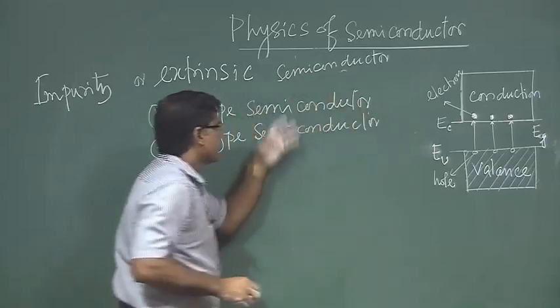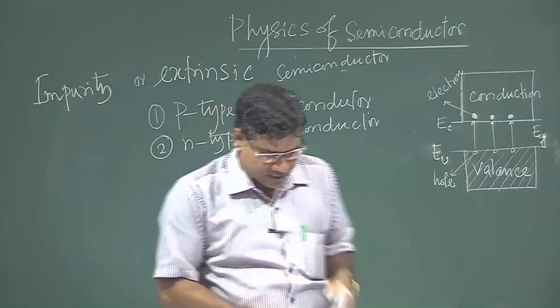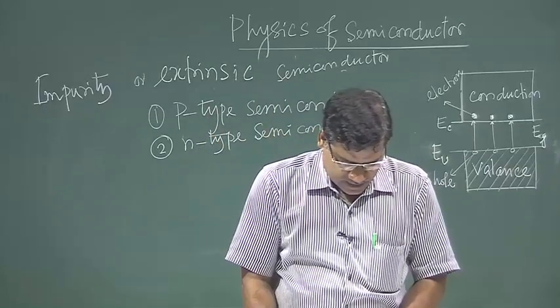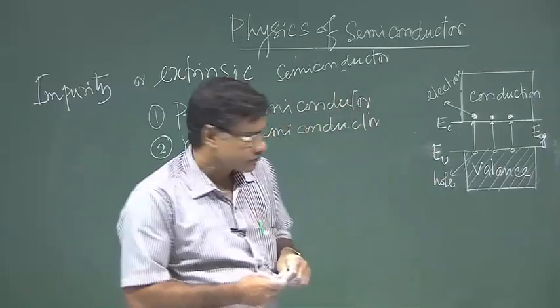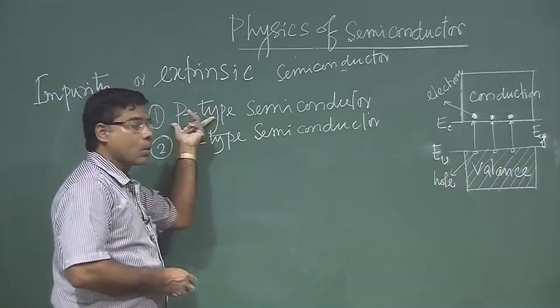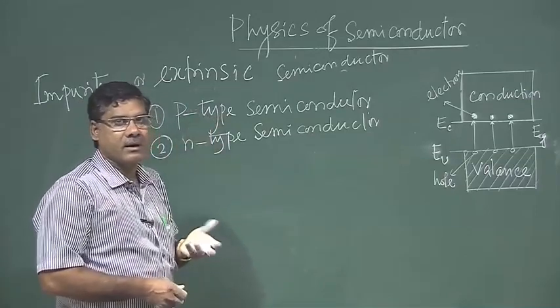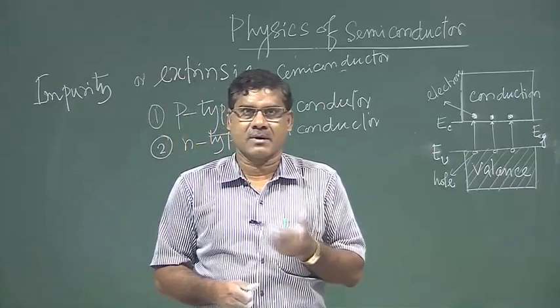Right. So, this is either p type or n type. This is because of doping in the system, and we will get more holes or more electrons in the semiconductor.